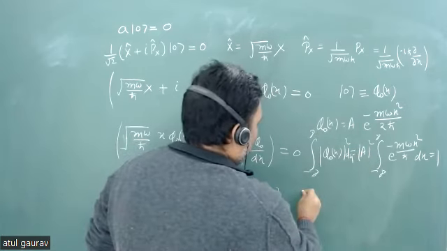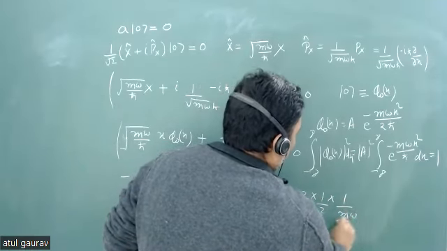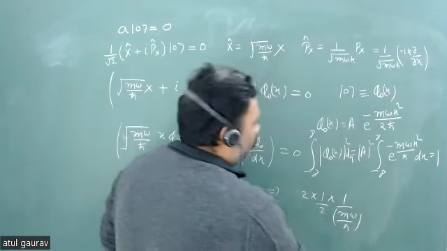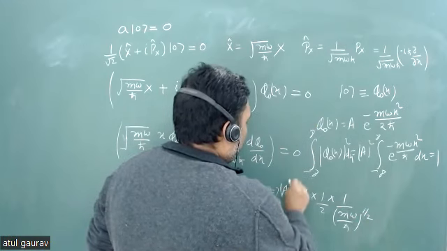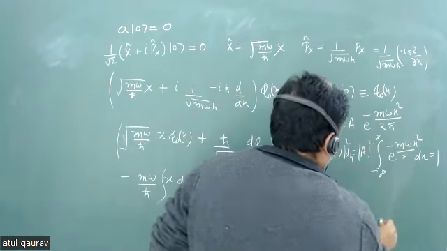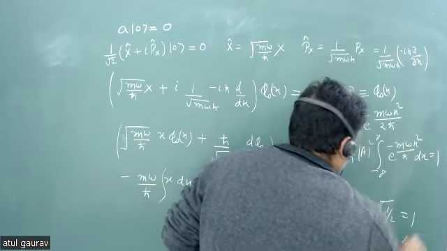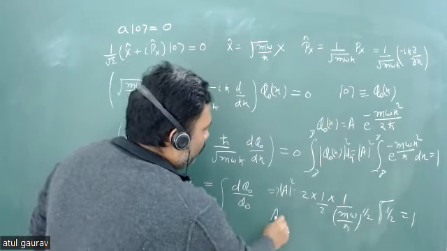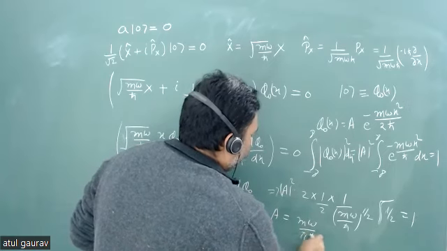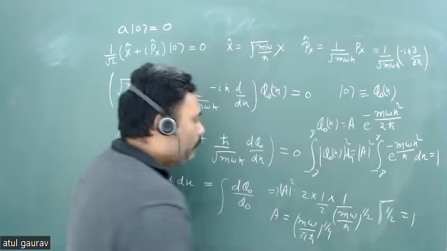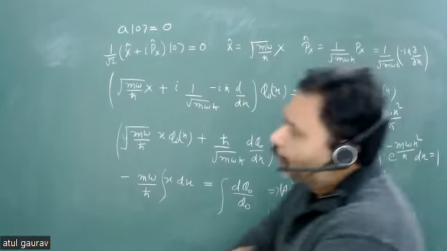So this integration is 2 into half into 1 upon m omega h cut to the power 1/2 mod a square, and root gamma half is there, that is root pi, which gives 1, and you have the very famous normalization constant, that is m omega upon pi h cut to the power 1/4. Okay?